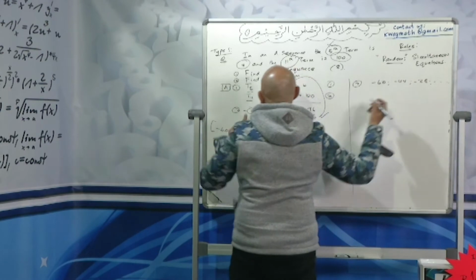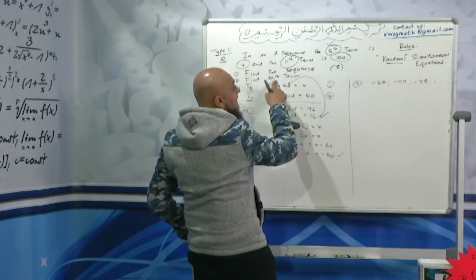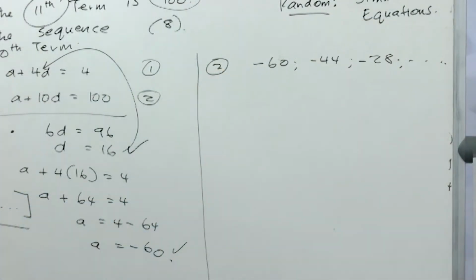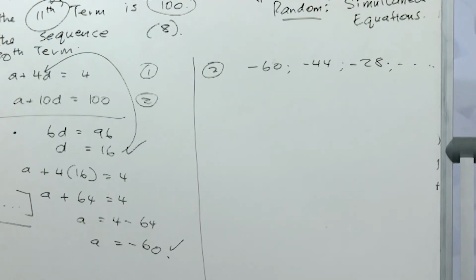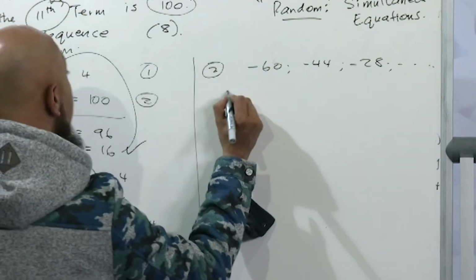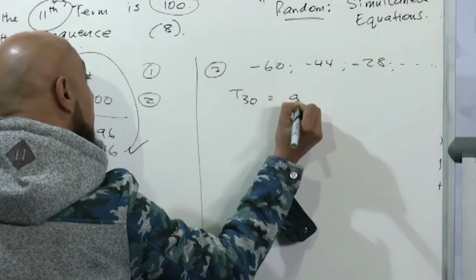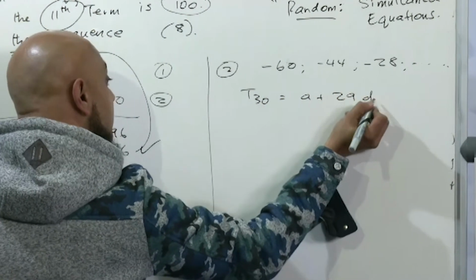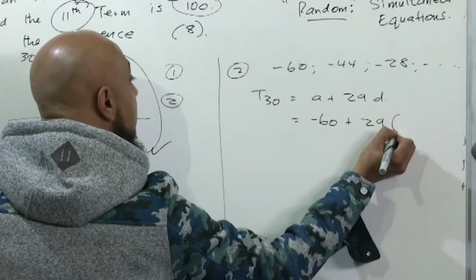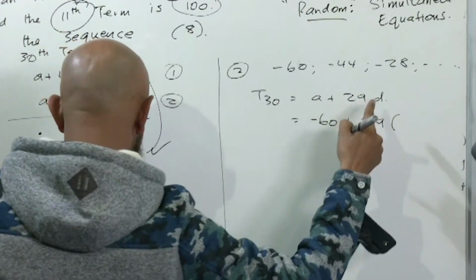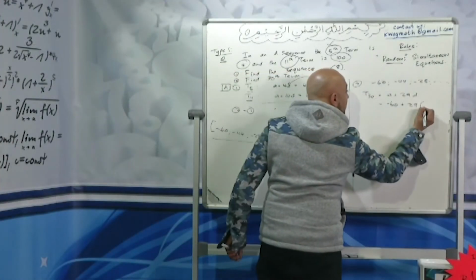We now need to find the 30th term. The 30th term, T30, is known as A plus 29D. What's your first term? Minus 60, plus 29 times your common difference, which was 16.